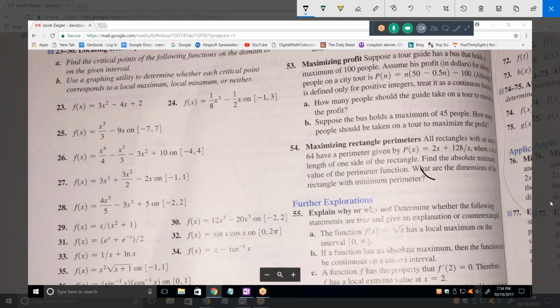Okay. So we have a rectangle. It's a little different, but that's fine. Okay. And we know the area of it.